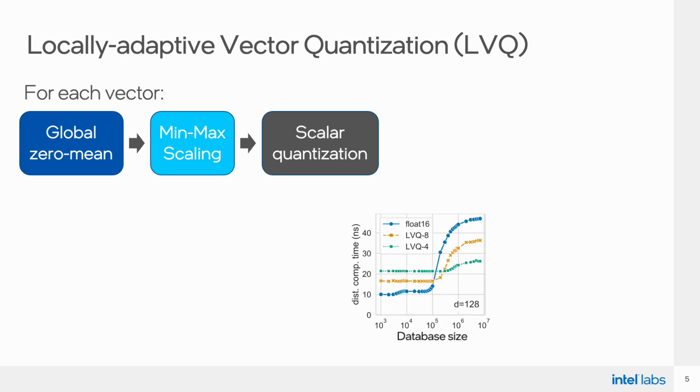In the plot, we can see that distances with floating point vectors are faster than with LVQ vectors for small datasets that fit entirely in cache. This corresponds to the left portion with flat curves. LVQ 4 and 8 respectively use 4 and 8 bits per value.